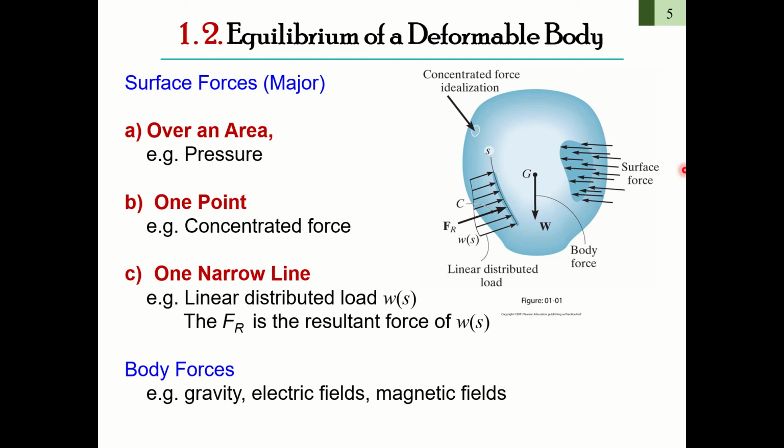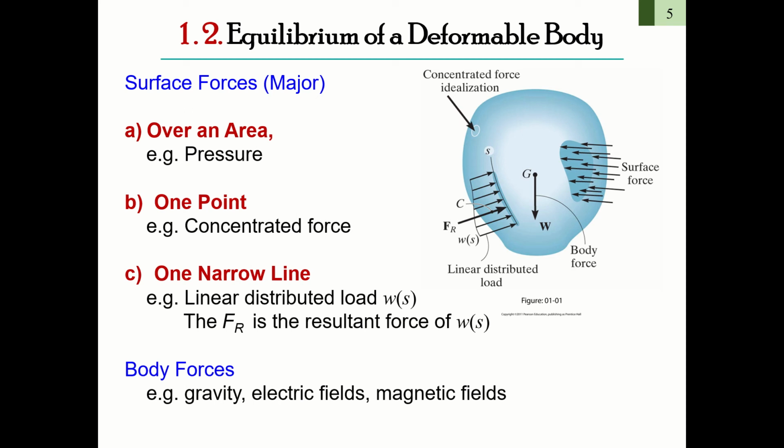So that is a surface force. And if the body has weight, then we have the body force, usually W equals mg, as you know. Or if it has acceleration, maybe you should write it as F equals ma.